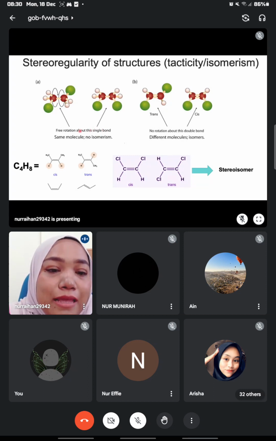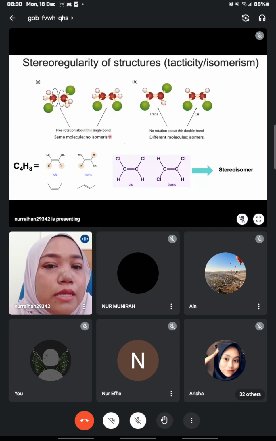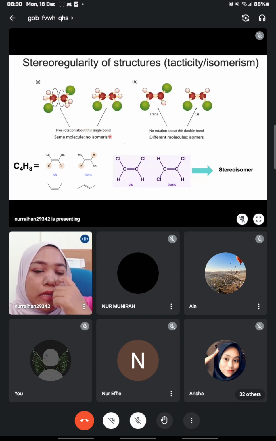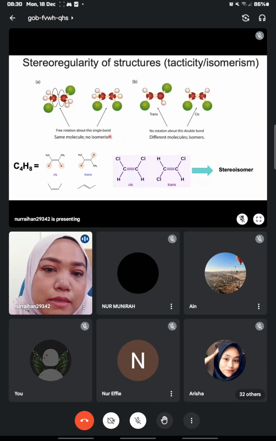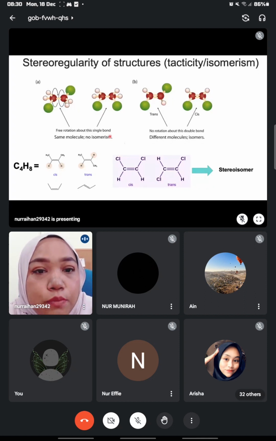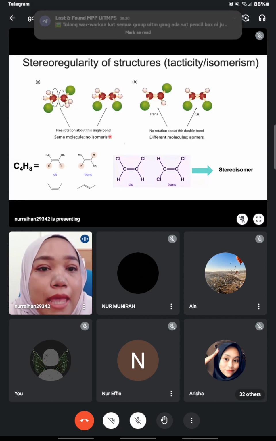When the polymer can rotate, it shows no isomerism. It means it will continuously rotate, so you cannot find a definite isomer, a definite configuration of the polymer, because it continuously rotates at certain angles.